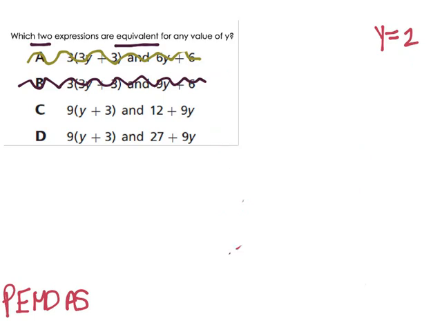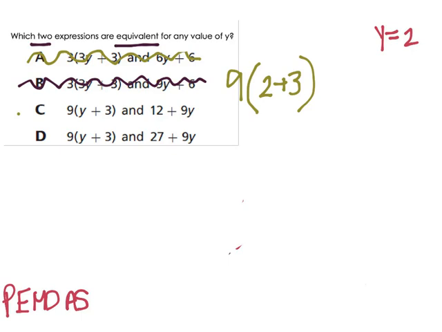Again, the same process will be used for choice C. We are going to rewrite the expression using substitution and then evaluate. So we have 9 parentheses y plus 3. So that is 2 plus 3, close parentheses.